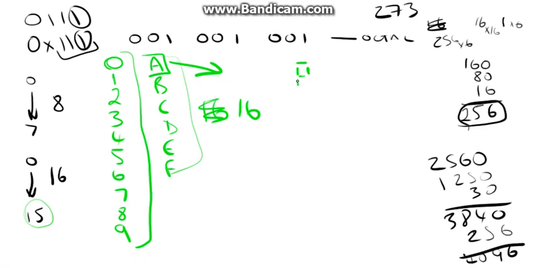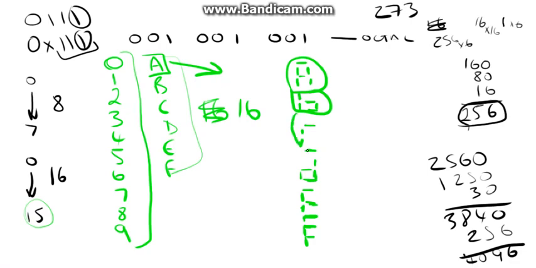A, B, C, D, E and F. Right. So there you've got A, B, C, D, E and F. So they can be represented on a calculator.